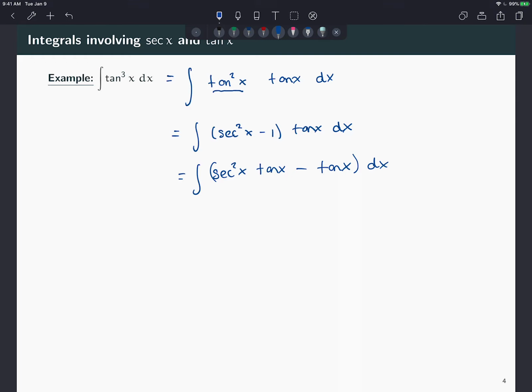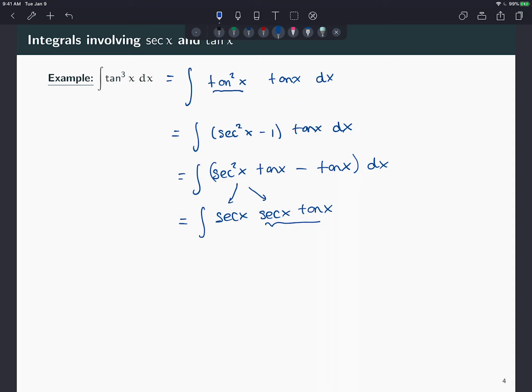The secant squared x tangent x is a little bit tricky, but it's not hard. Remember that the derivative of secant is secant tangent. So if you see this one as secant x times secant x tangent x, what I'm doing is splitting this one up into terms like that. Why am I doing that?